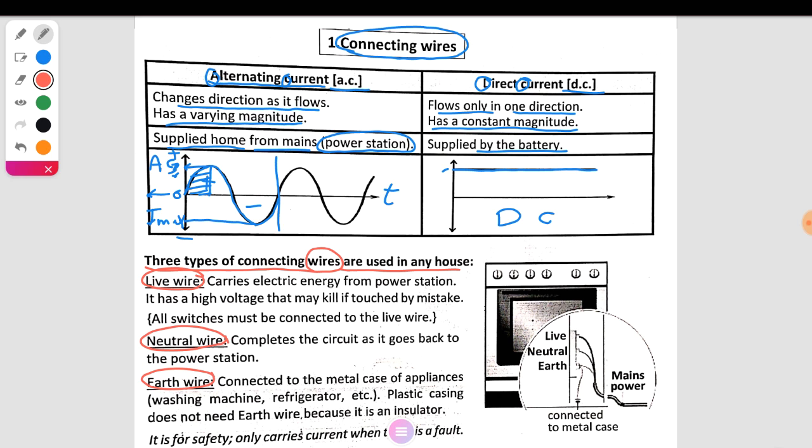The live wire carries electric energy from the power station and is connected directly with the power station. This means that it has high voltage that can kill if touched by mistake. It is very dangerous to touch it. All switches must be connected to the live wire.